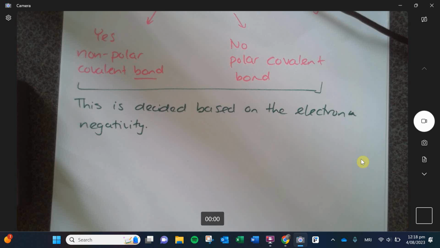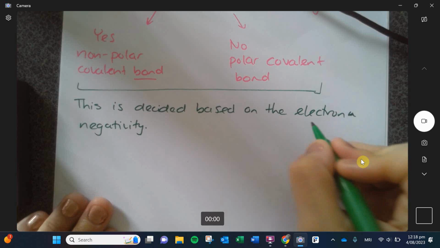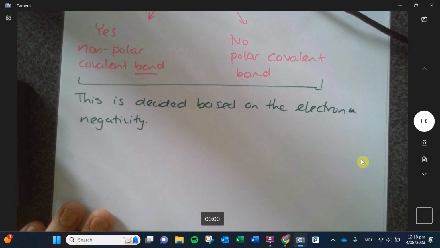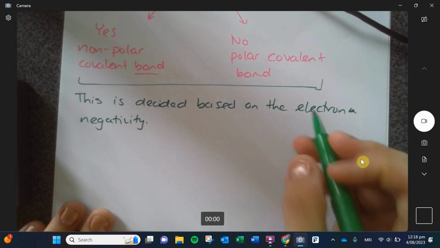When we are doing a covalent bond, those electrons are being shared. Actually, let me backtrack. So we know what electronegativity is, right? Do you need me to write down the definition, or are we okay? Do you guys need me to write down the definition for electronegativity? Yes? Okay.